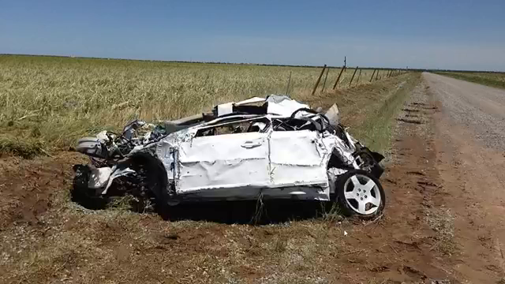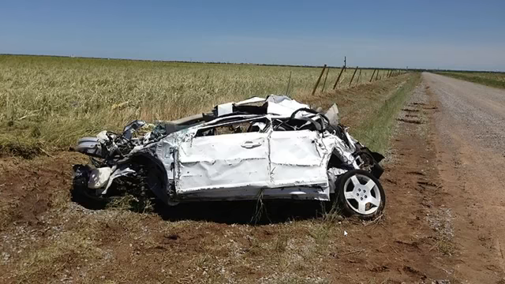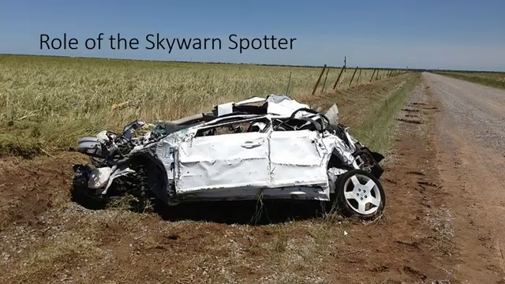So, my next one, if you remember this, you know the story about this, and you know which one I'm going to talk about next. This one was the El Reno tornado, May 31st, 2013.